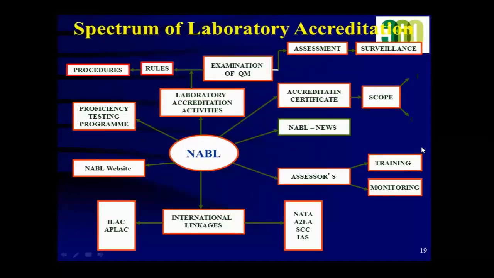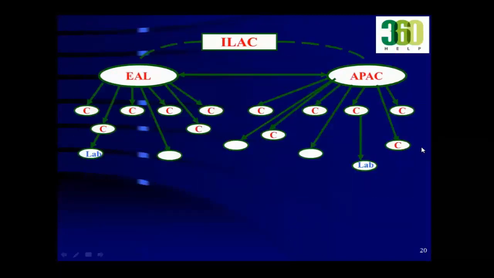So this is laboratory accreditation. NABL is doing multiple works. This is what I told you, the international linkage. There is the International Laboratory Accreditation Cooperation, which has an Asia Pacific branch and a European branch. The Asia Pacific office is in Australia, so India is reporting to Australia as an accreditation body.